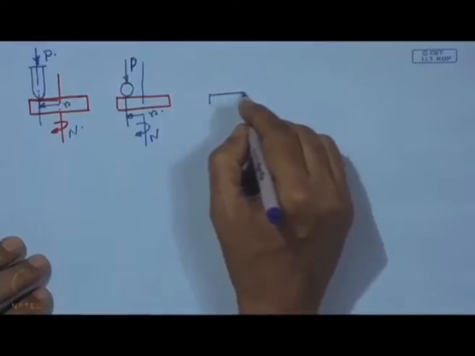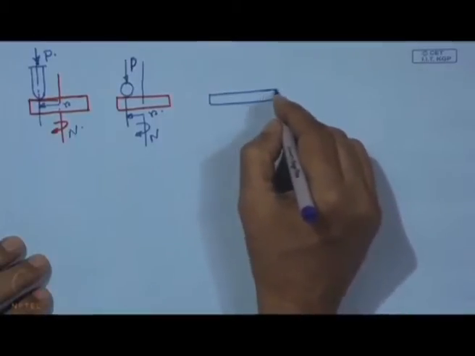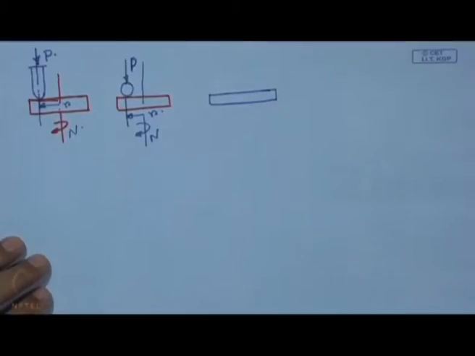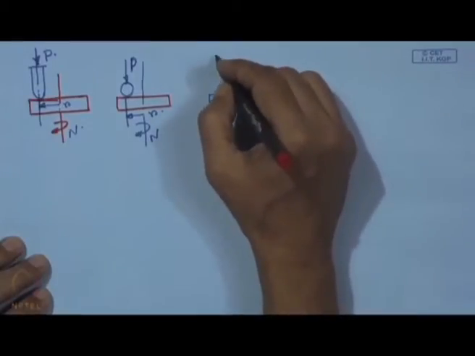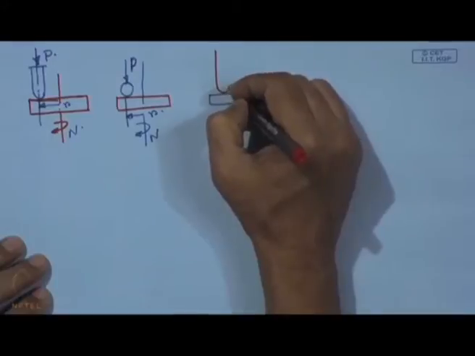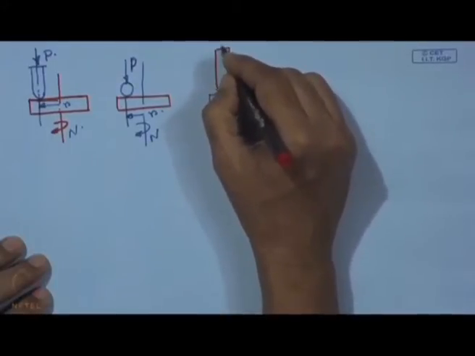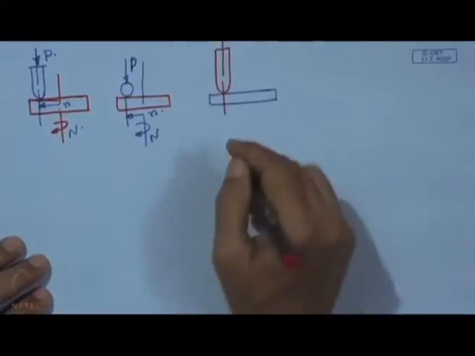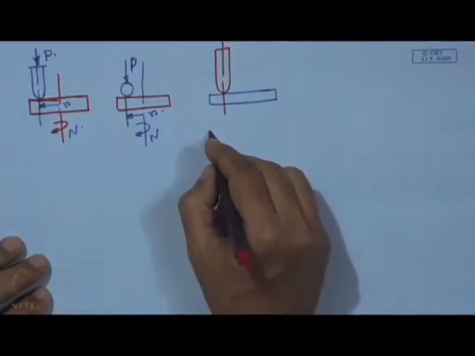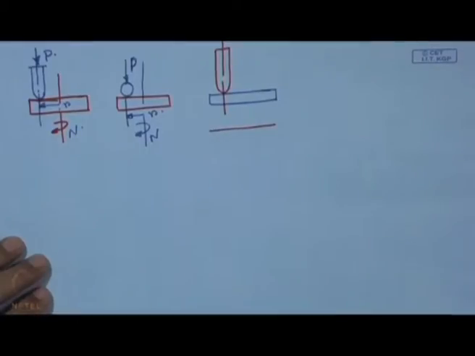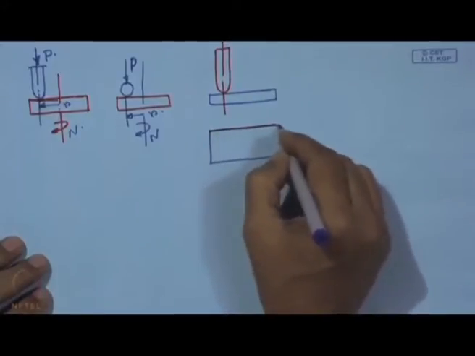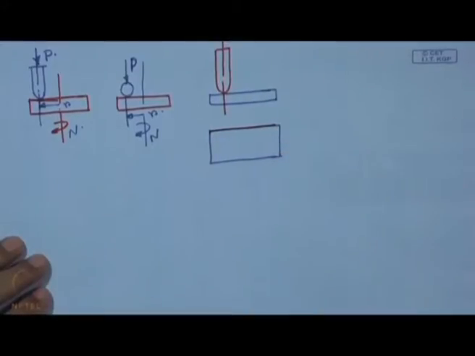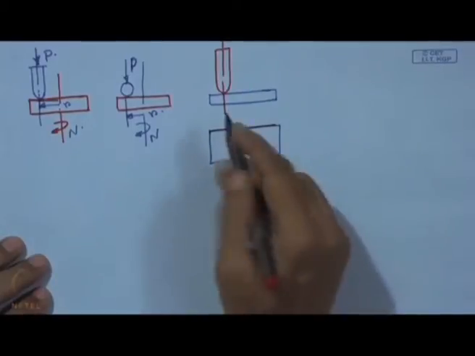Now, pin on flat, what exactly does this mean? This is going to be a table-like arrangement, and here we have a pin. This is flat, this is going to be the top view, and then we have the pin here.